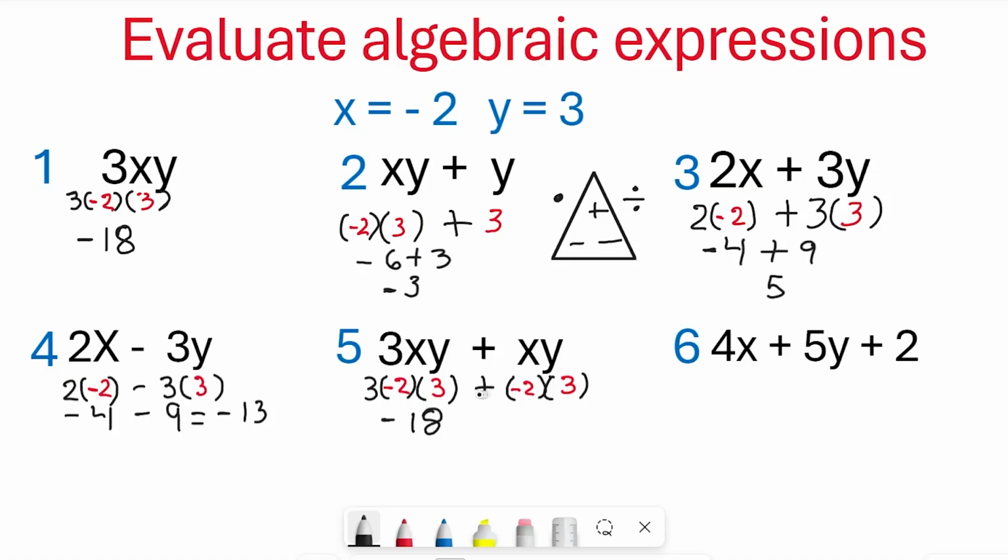And now I have to multiply all these signs. Okay, positive times a negative. Okay, the answer should be negative. And then I have to multiply negative times a positive.